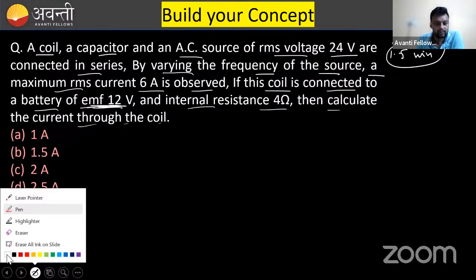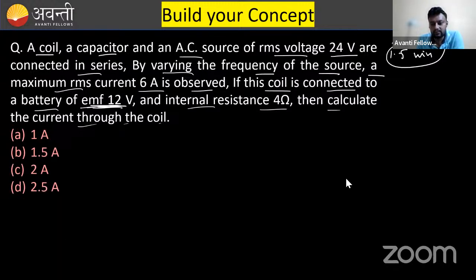Okay. So we need to draw two diagrams. First of all, there is a coil. Coil is, you know, that inductor type of system. If there is a coil and it is not mentioned that the coil is resistanceless, then this coil will certainly have some resistance. Are you getting my point?